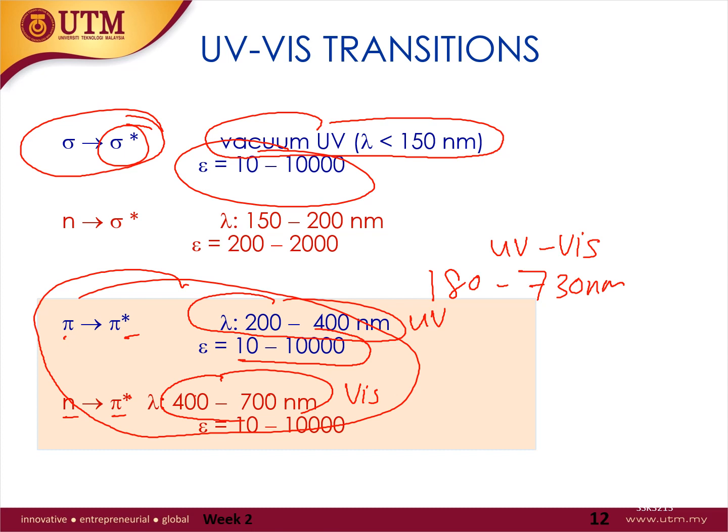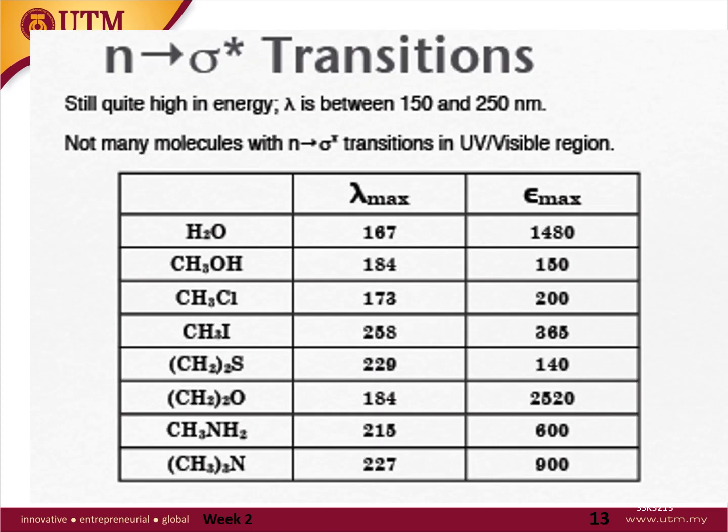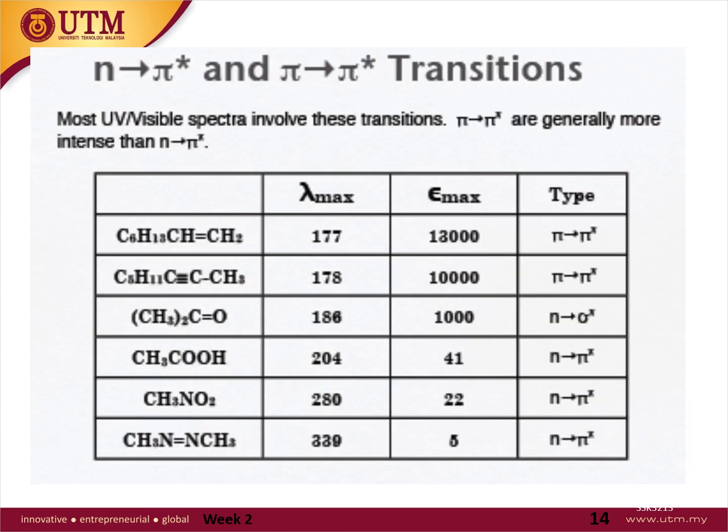Those having a double bond or several double bonds usually absorb around this region. I also have the n to sigma star transition, which is like the vacuum region, still very high energy needed, but I don't want to focus on this. I focus on the next one: n to pi star or pi to pi star transition.